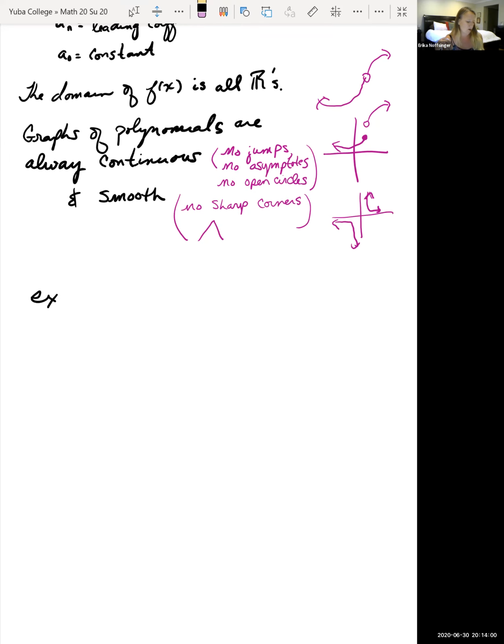Okay, so determine which functions are polynomial functions. For those that are, state the degree. For those that are not, state why not. Write each polynomial in standard form, then identify the leading term and the constant term. So we're asking ourselves, is this a function? Why or why not?